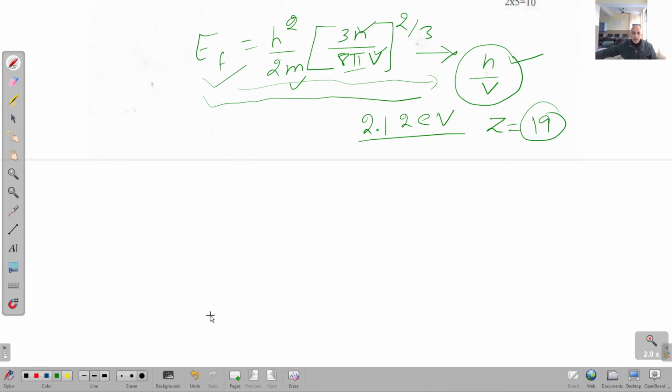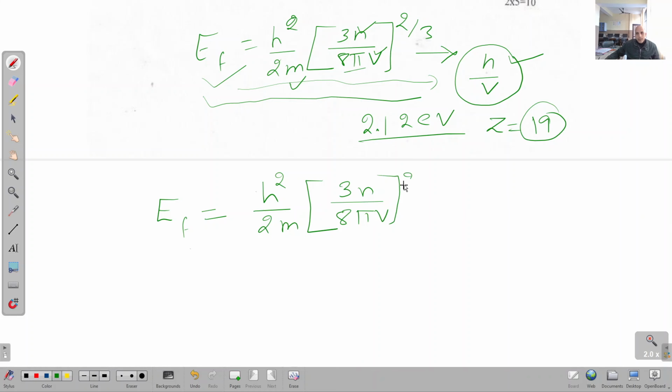We will start putting the values of all the things here so that we can arrive at the answer. So Ef is equal to h square upon 2m into 3n upon 8 pi V power 2 by 3.